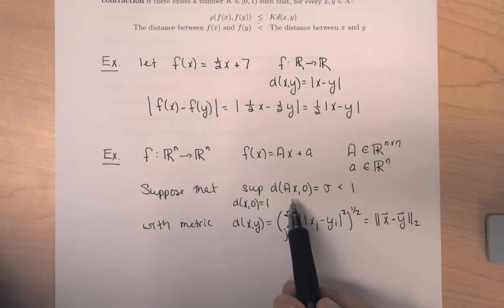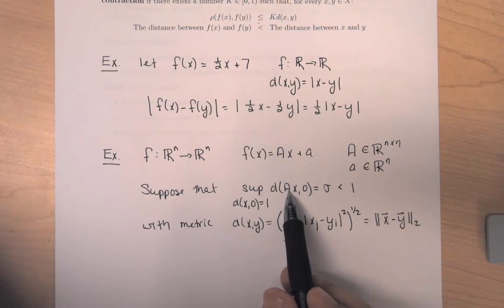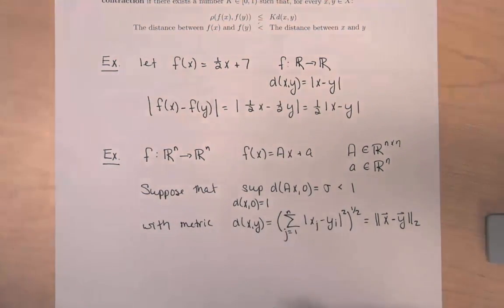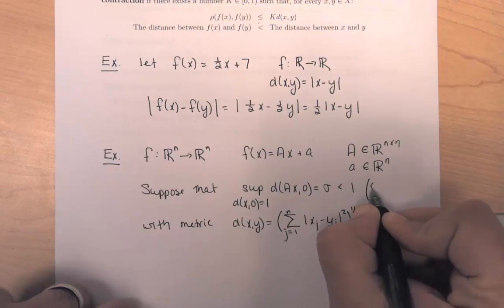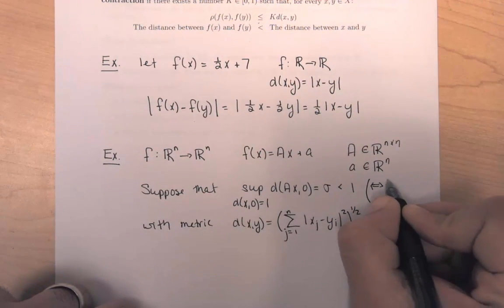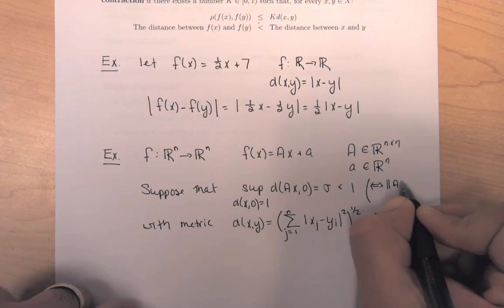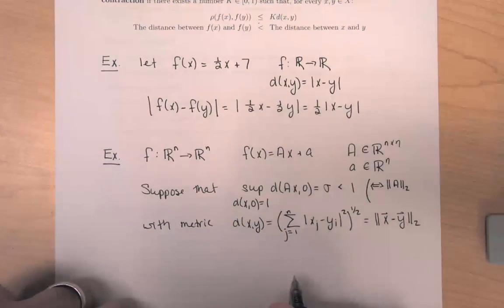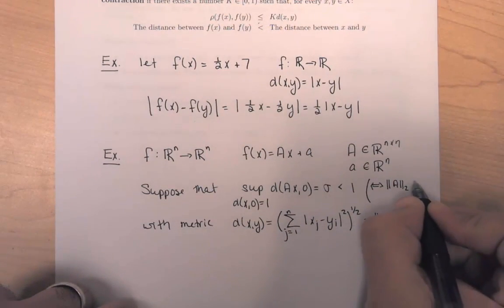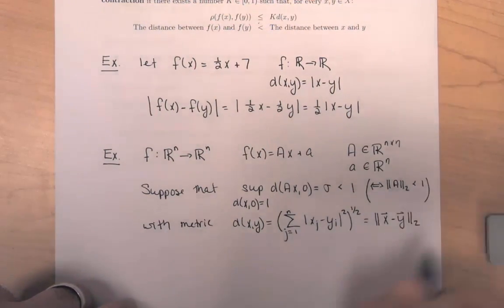You may also have recognized this condition, and I'll put this in parentheses, as equivalent to saying that the norm of my matrix, that is an induced norm, is less than 1.